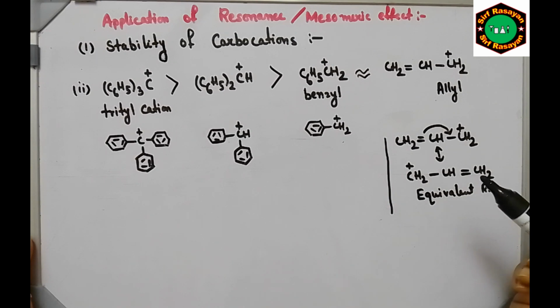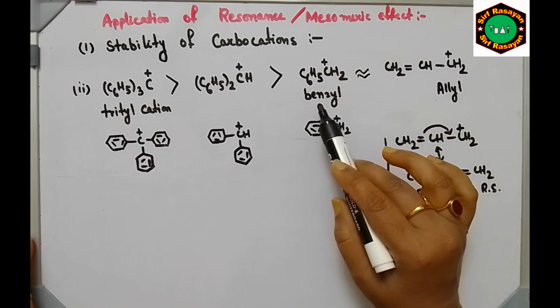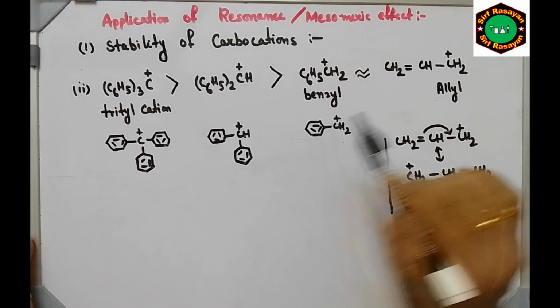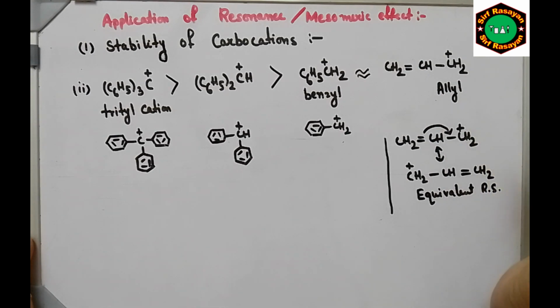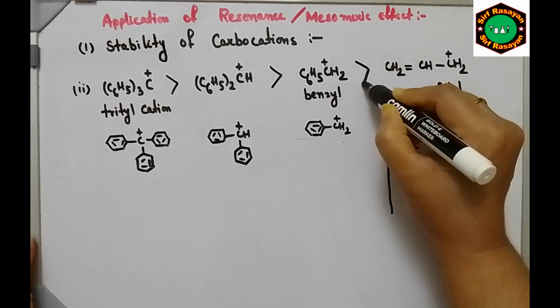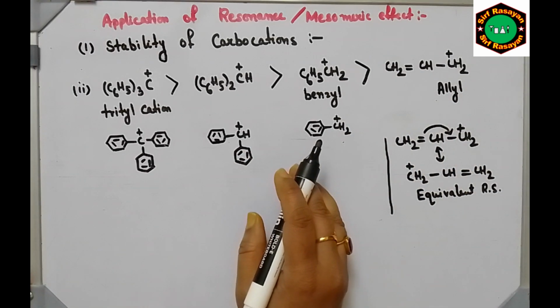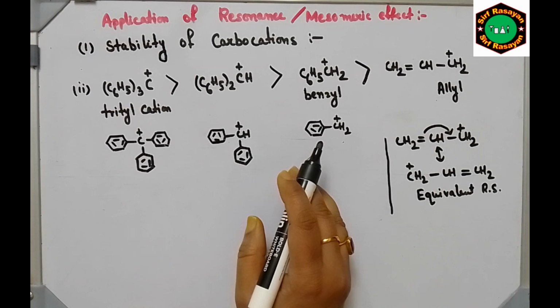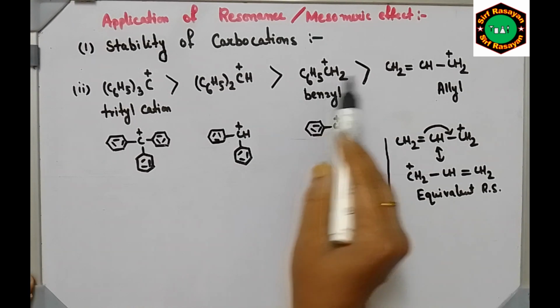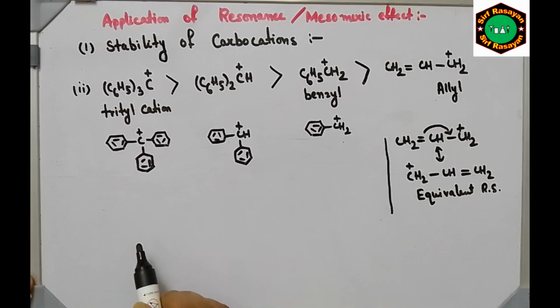But experimentally it is observed that since benzylic carbocation is having 5 resonating structures, while this has only 2 resonating structures, it is more stable than this one. One important question came in the exam JEE Main 2013 about the order of stability of these species. So this is an important one.